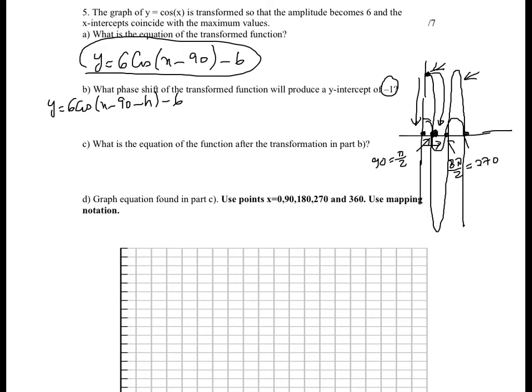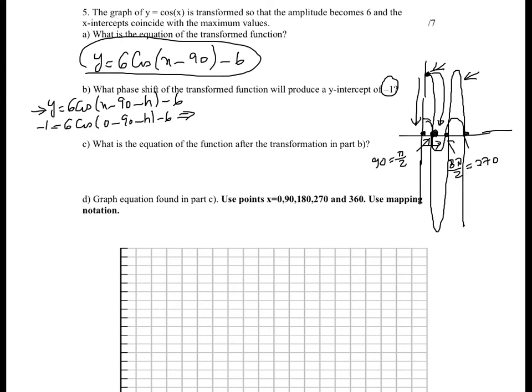We know that the y-intercept is when x is equal to 0. So when x is equal to 0 in this equation, y has to be negative 1. So I have to solve this equation. Negative 1 is equal to 6 cos (0 minus 90 minus h) minus 6.